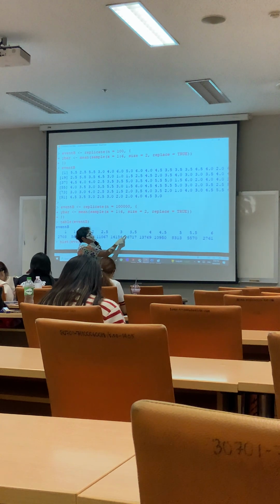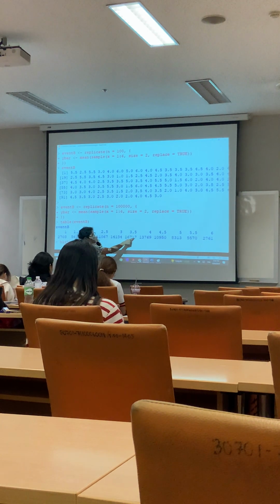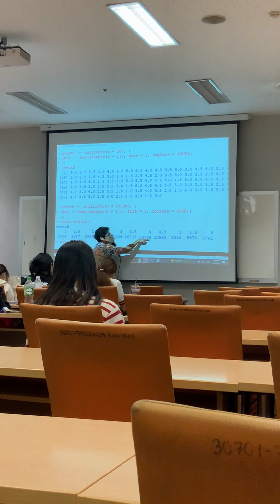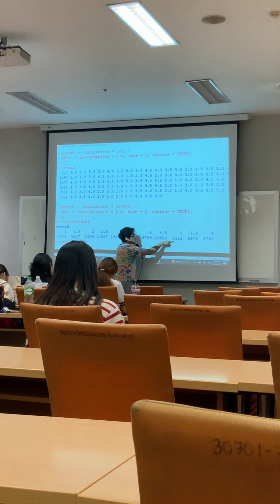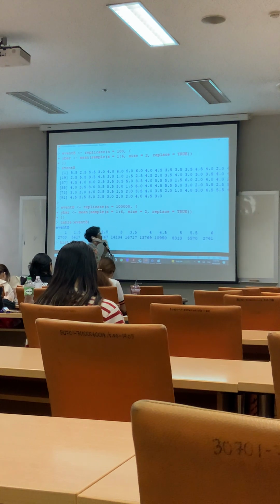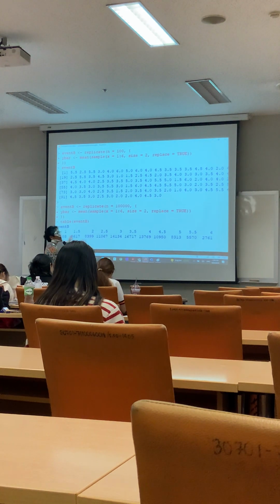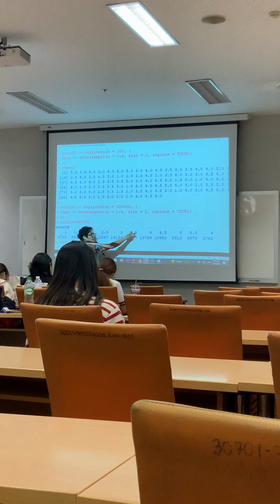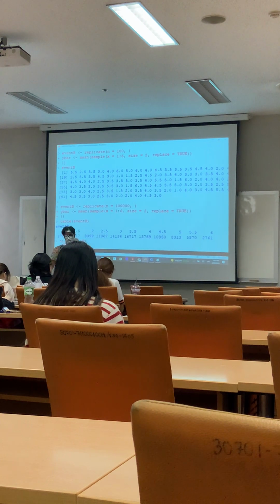I find 16,717, right? And then 4, 4.5 keep decreasing. So you can see that the most often number I found is the population mean, and then it keeps decreasing on both sides.